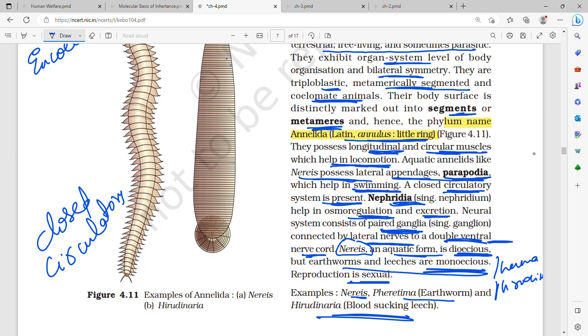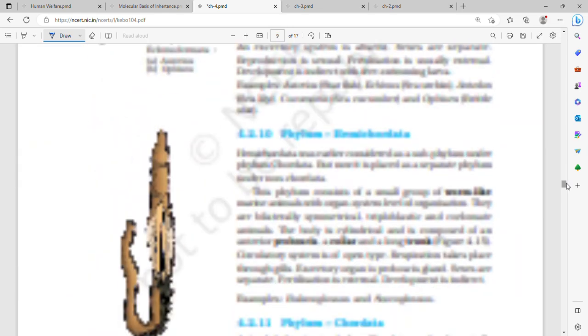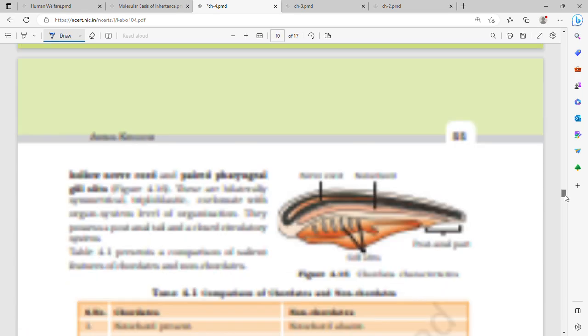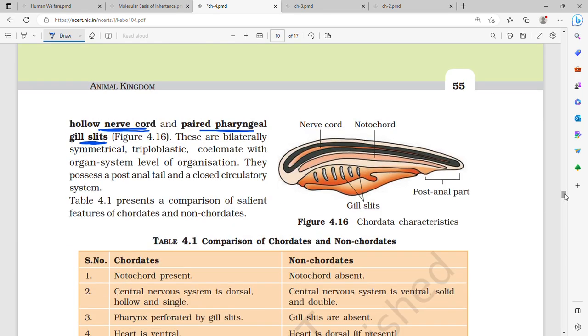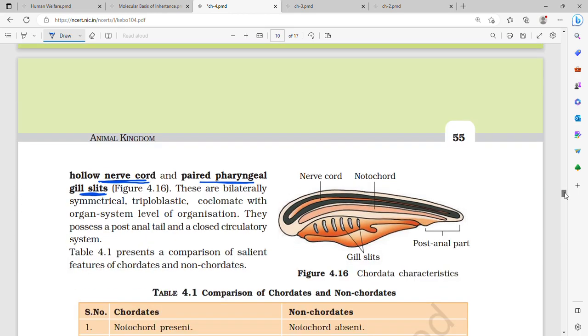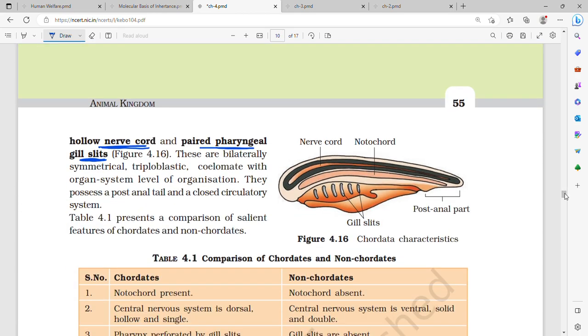Now we have a dorsal nerve cord which is hollow, and a notochord and paired pharyngeal slits.